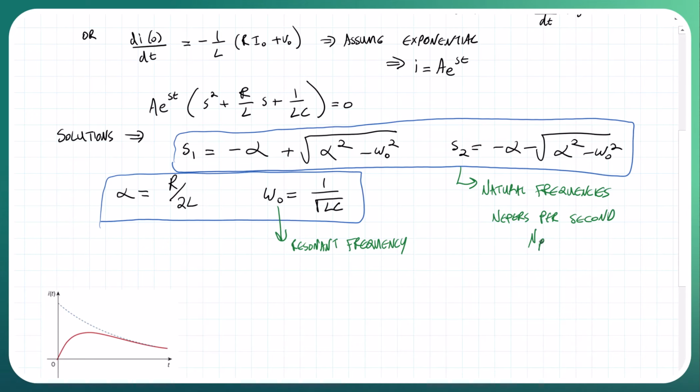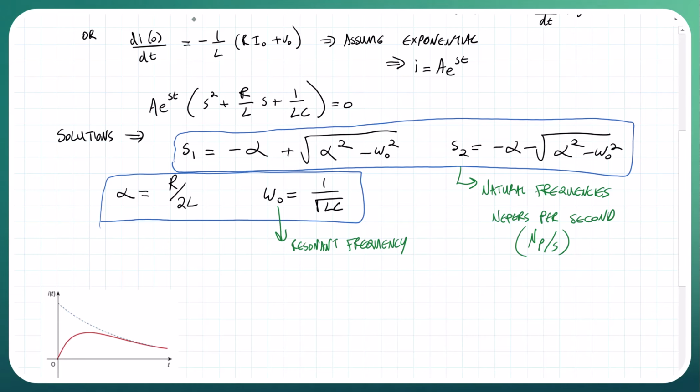And you would see it as n sub p over s. Okay, that's the measurement unit for this. All right, and then the resonant frequencies are typically expressed in radians.